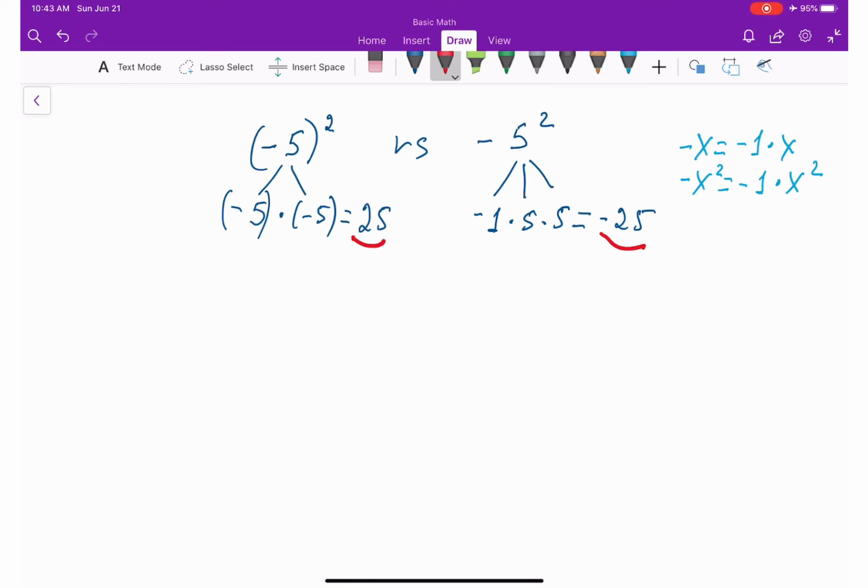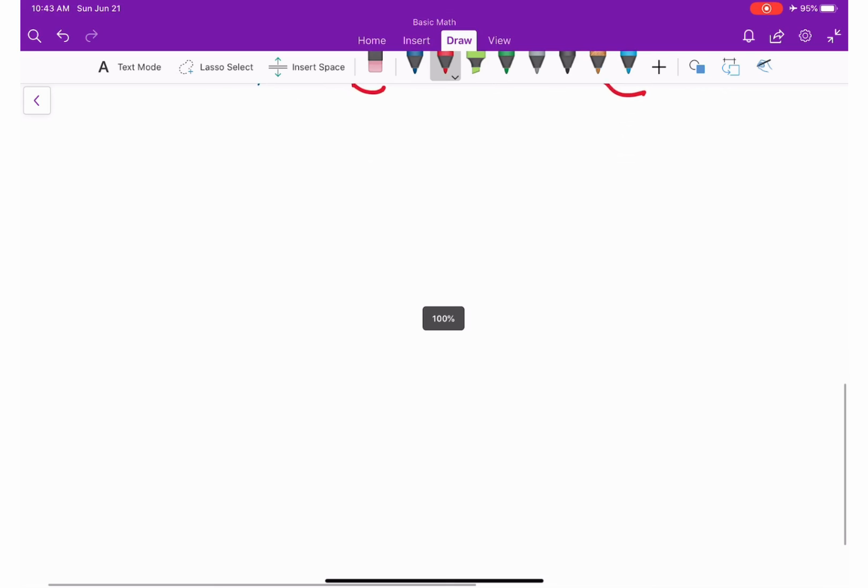Okay, so now let's solve interesting cases based on what I explained. In case you are wondering why I stuck with 5, it's just so that when you use the same number, you can better see the difference.